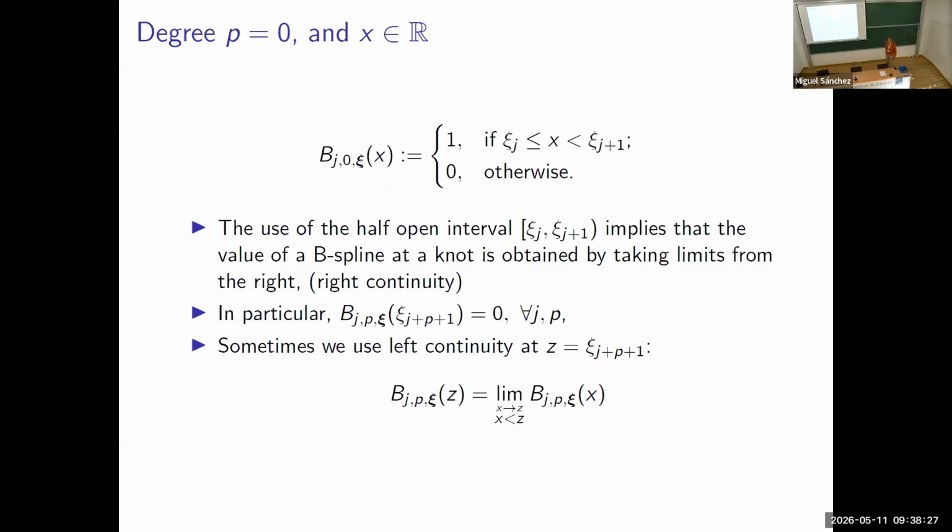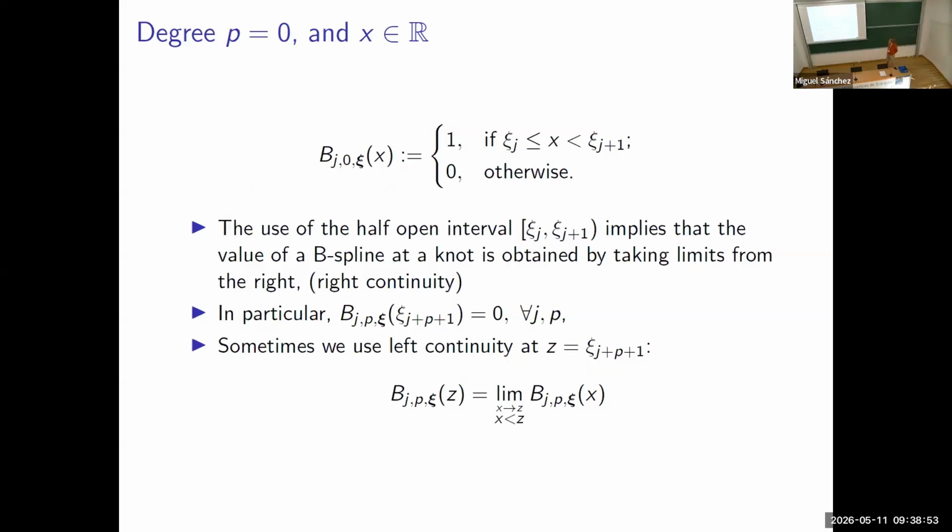But to start, this is recursive, so you have a degree p, and you need to know degree p minus 1. So you have to start somewhere. You start with p equal to 0, and bj0 is equal to 1 if x is between Cj and Cj plus 1, and 0 otherwise.